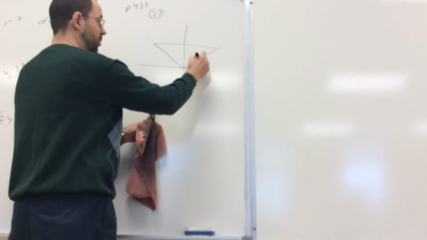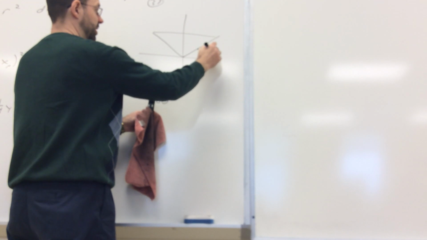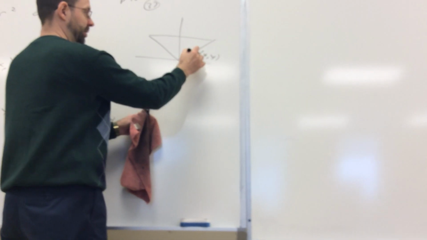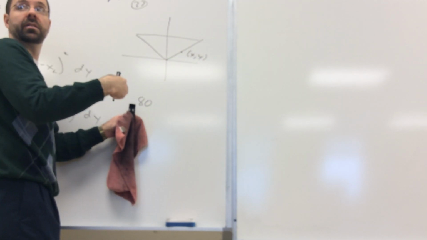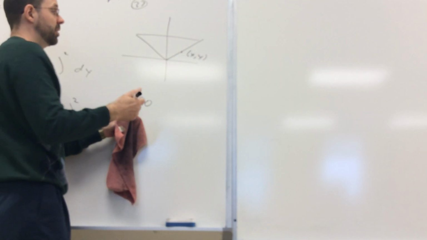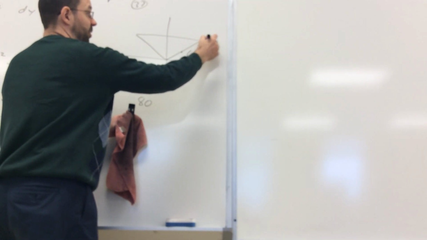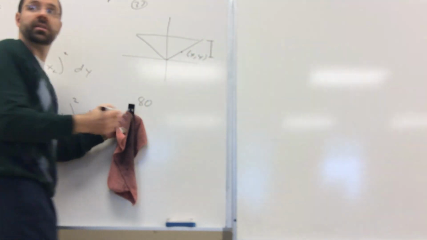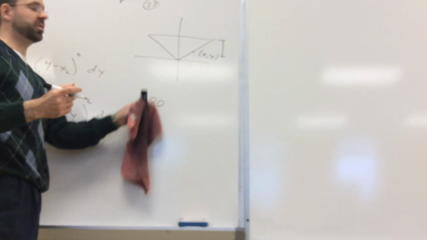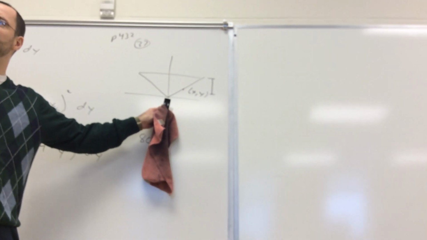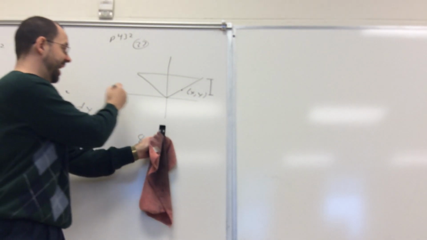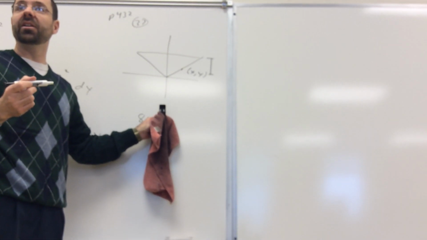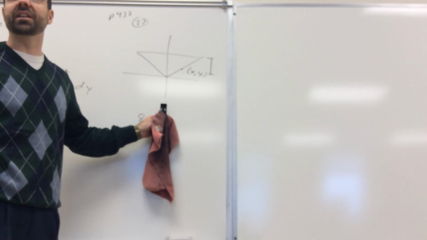So if this point right here is x comma y, then that distance is y. But the depth is from the top of the plate down. So this is a bit tricky because we usually chose our depth to be y. But when they put an x-axis and a y-axis in there, they chose what y was going to equal.